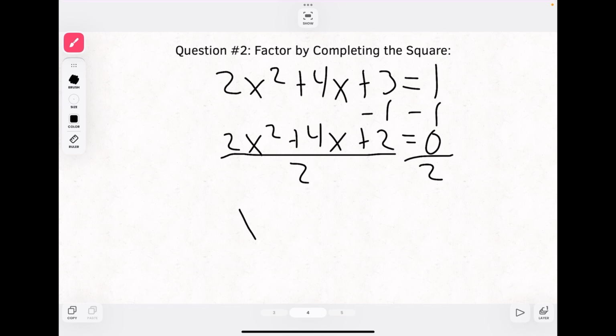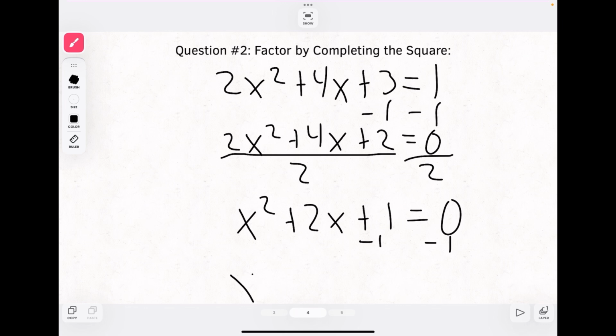So after that, you're going to rewrite it as x² + 2x + 1 = 0. And then from here, you can move c over to the other side, and add in your blank. So you're going to get x² + 2x + blank = −1 + blank.